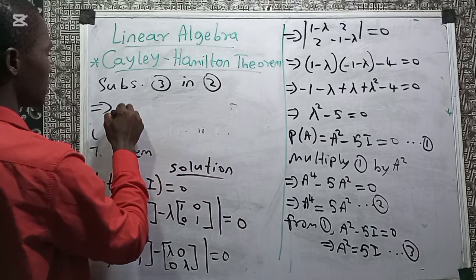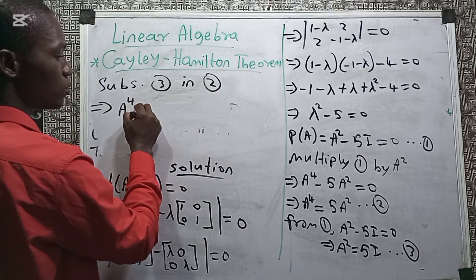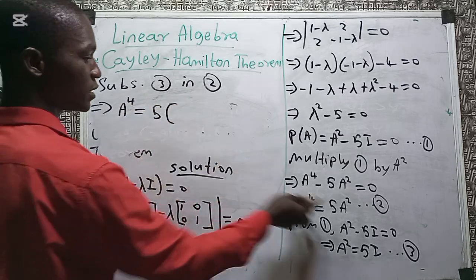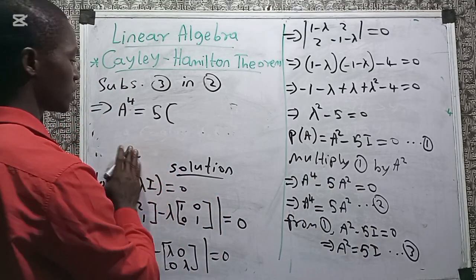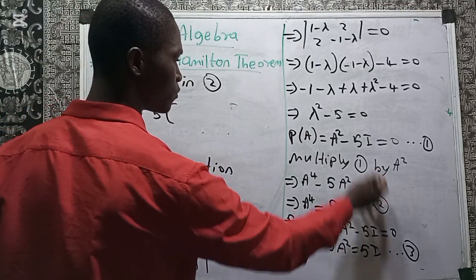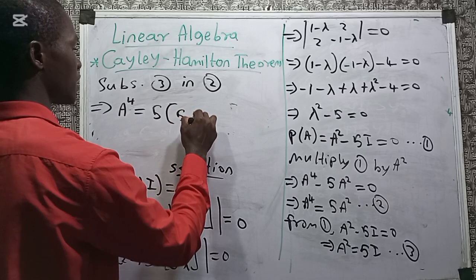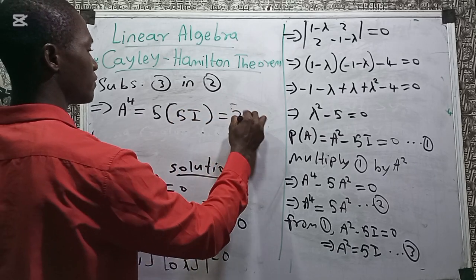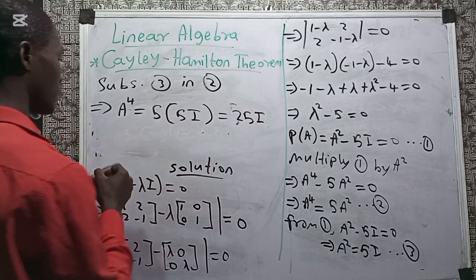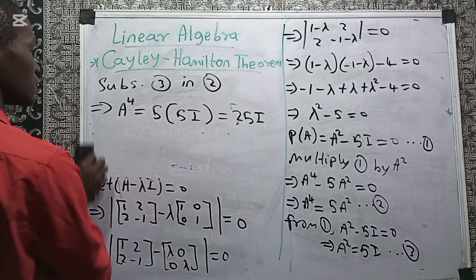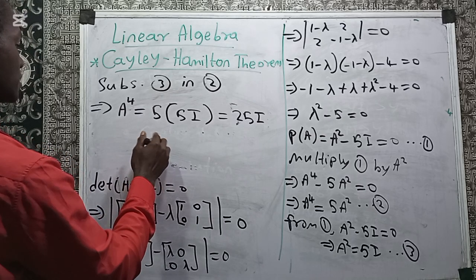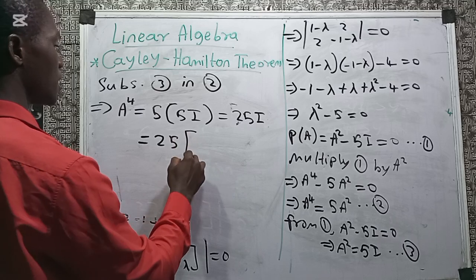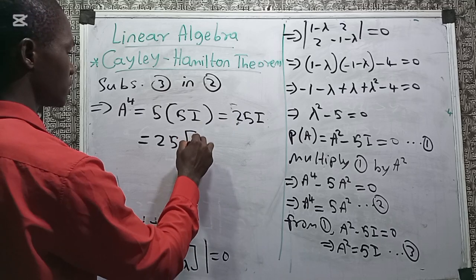So this implies A raised to power 4 will be equal to 5 multiplied by A raised to power 2, which we solved from equation 1, we got 5I. So if you multiply 5 multiplied by 5I, we have 25I. So this will be equal to 25 times I, where I is this 2 by 2 identity matrix.